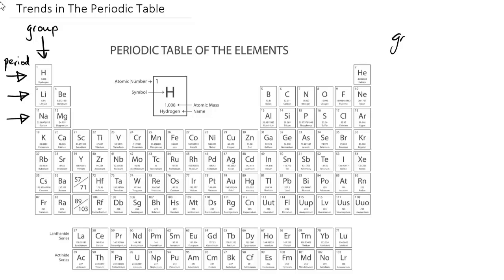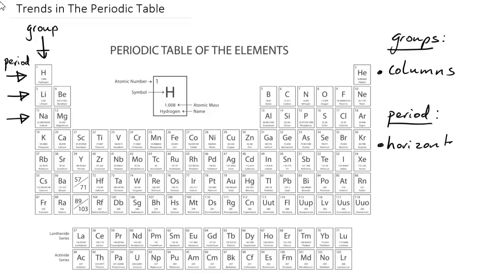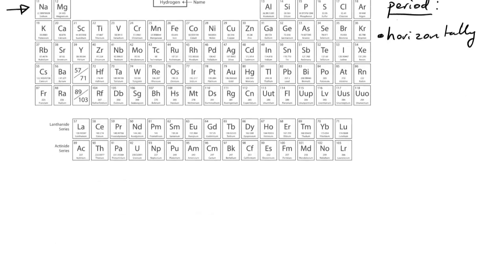So groups are basically the columns, and we'll have a look at how this changes, what the special feature of a group is, whereas the period goes horizontally. Okay, now we'll have a look at first what happens across the period.